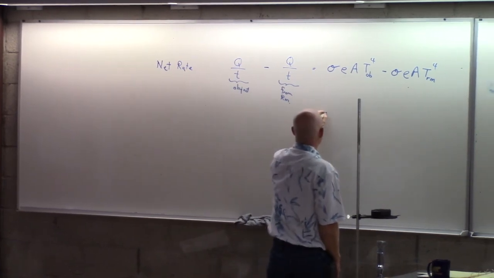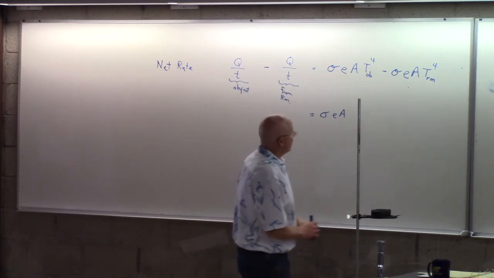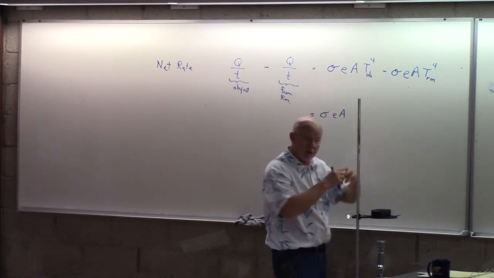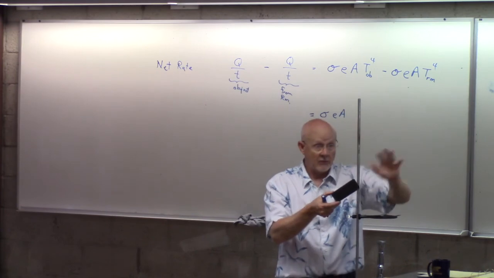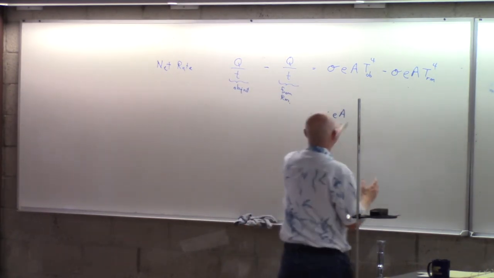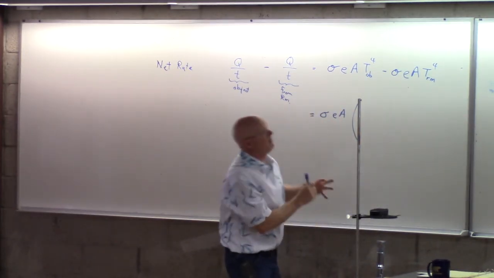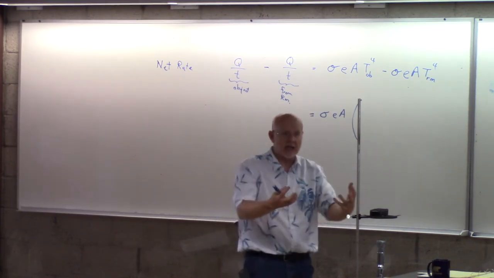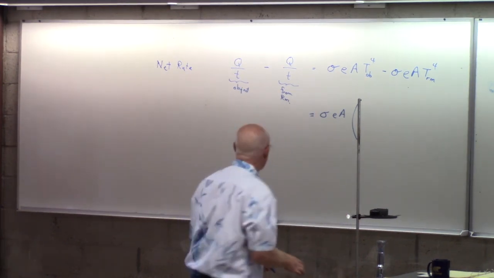Now, we can simplify this by recognizing that the area that absorbs the radiation and the area that radiates it for this object are the same. So it gets absorbed and radiated on the same surface area, and so I can factor that out. Stefan's constant I can factor out. Now, one thing that's not so obvious, but I'll just say it, is that the emissivity of it is the same, that it radiates as it absorbs. So I'll say that's the same.